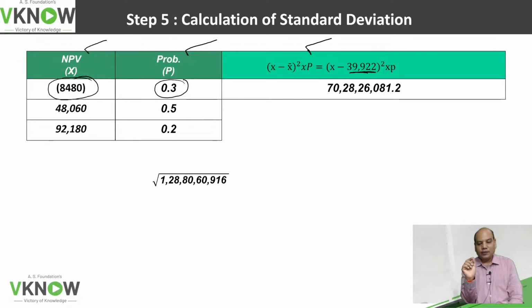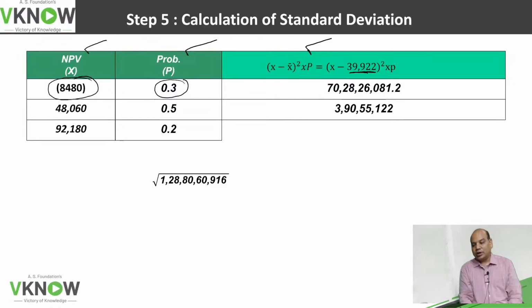Type 48,060 minus 39,922 into equal to into 0.5, equal to 3 crore 90 lakh 55,122. Try the next one. You can transfer it to memory plus first, so that you don't have to take the total separately. 92,180 minus 39,922 into equal to into 0.2.